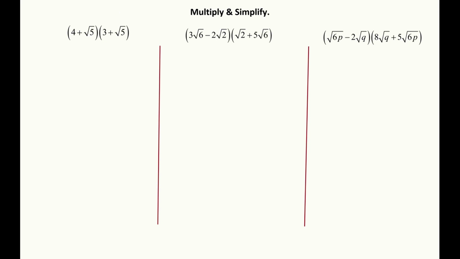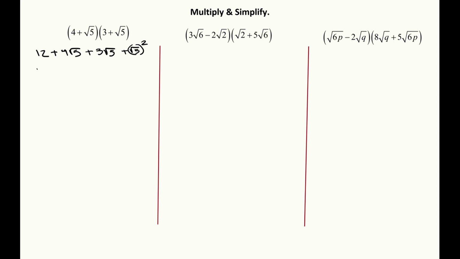So when we distribute the 4, we get 4 times 3, which is 12, plus 4 times radical 5, which is 4 radical 5, plus, now we're going to distribute radical 5, so 3 times radical 5, we just write 3 radical 5, and then plus radical 5 times radical 5, which is basically radical 5 squared.